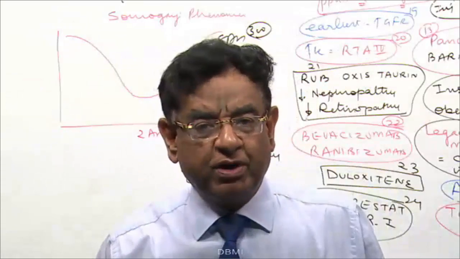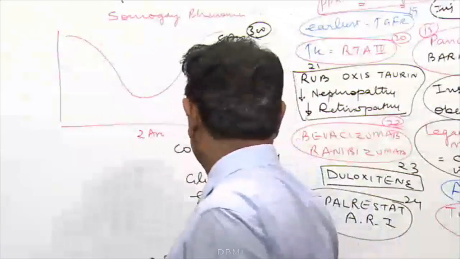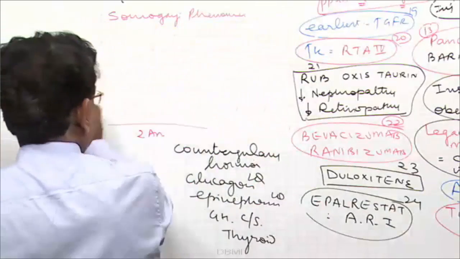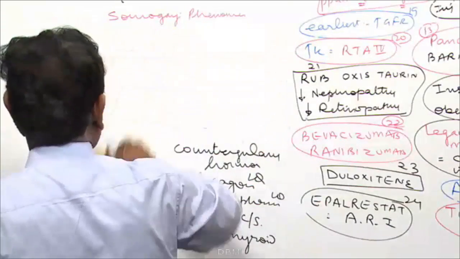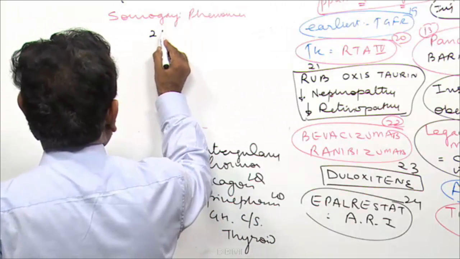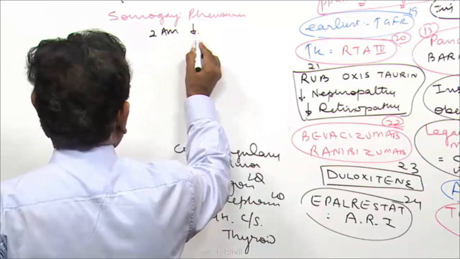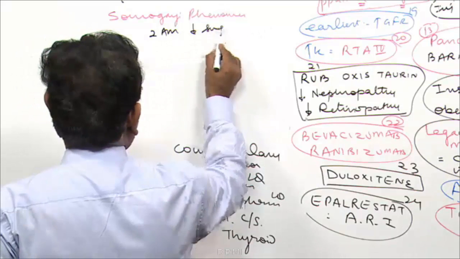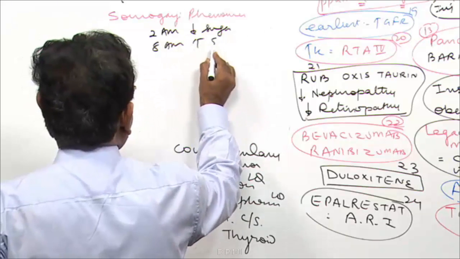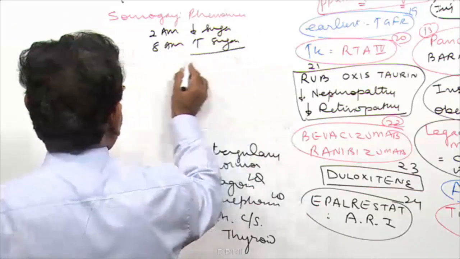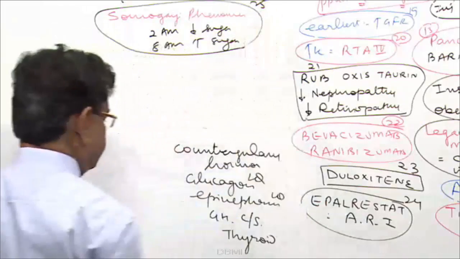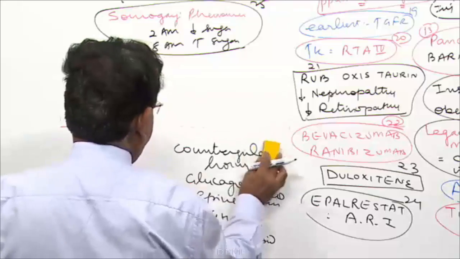So Somogyi phenomenon, to write down: 2 a.m. low sugar, 8 a.m. high sugar. This is Somogyi phenomenon, box number 25. Similarly, we have the dawn phenomenon.